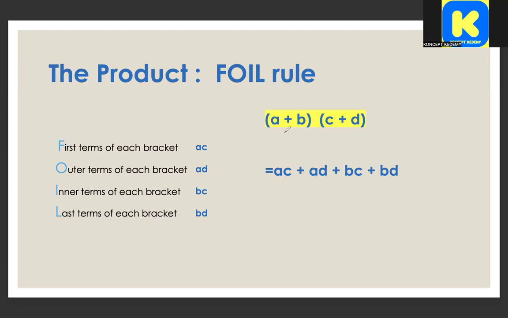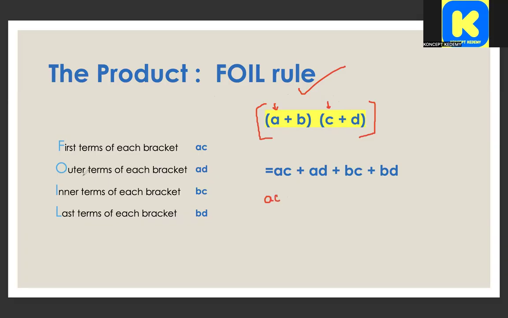Now consider this multiplication, this product. Now we are going to proceed further by using the FOIL rule. So F stands for first terms of each bracket. The first term of the first bracket is A and the first term of the second bracket is C. So A and C I will write together.